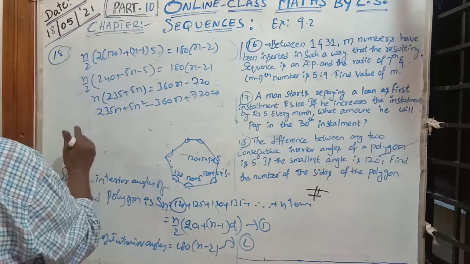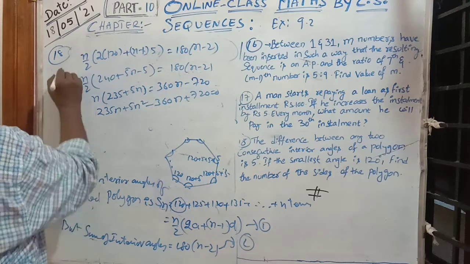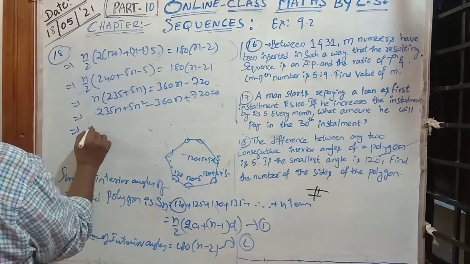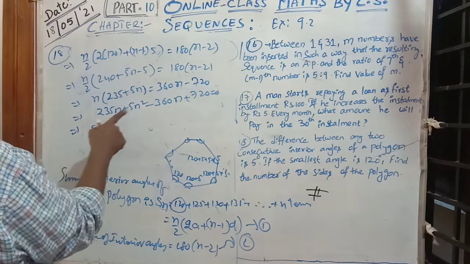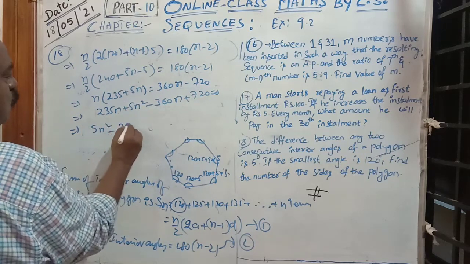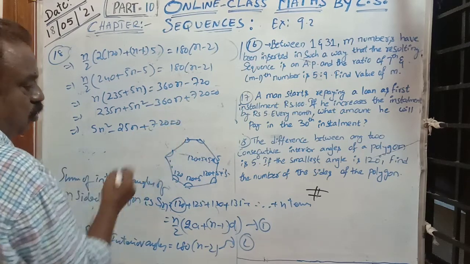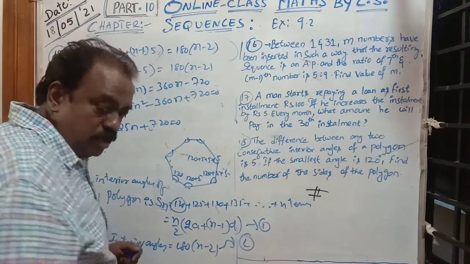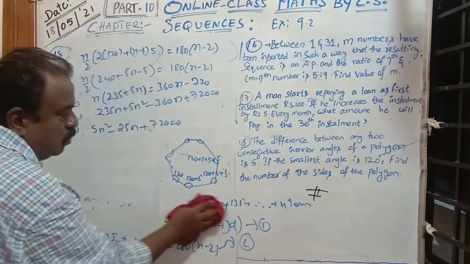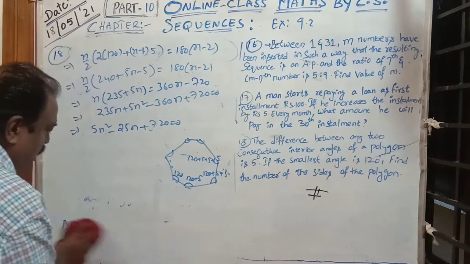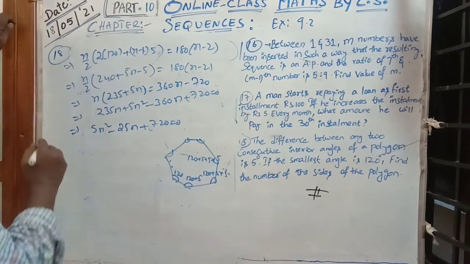Now, observe here: 5n square, 235 minus 360 is minus 125n, plus 720 is equal to 0. We need to find the number of sides; only the number of sides of the polygon is asked.